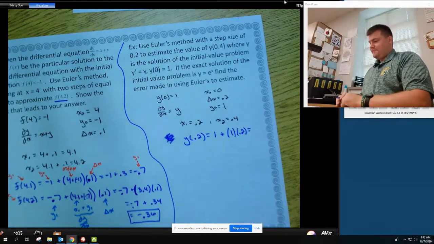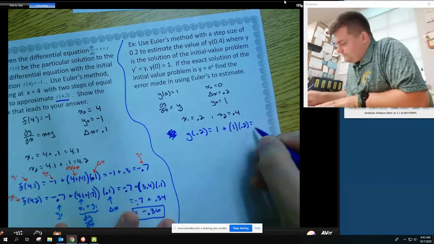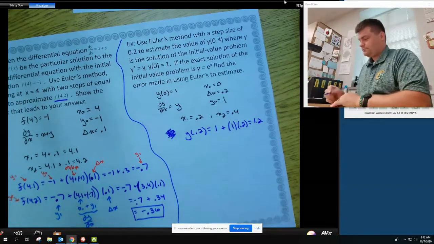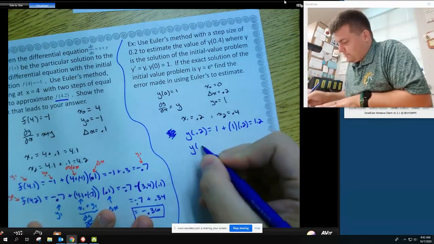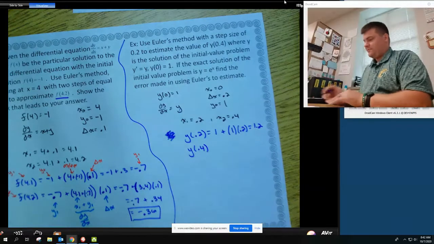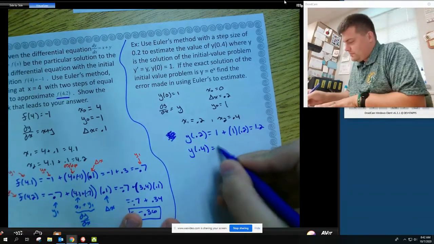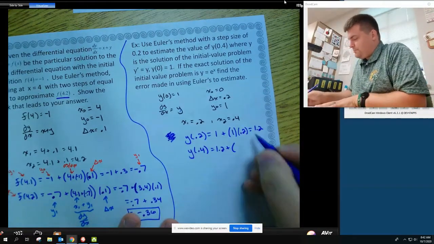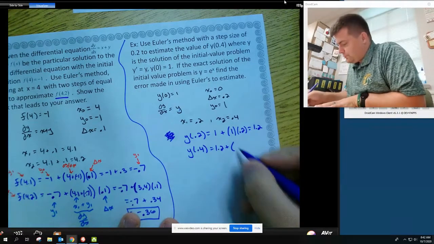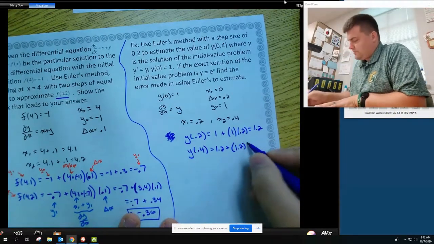And that's going to give me 1.2. So to find y of 0.4, use that 1.2, plus the slope, plug in the 1.2, which is just 1.2, times the increment, which is 0.2.